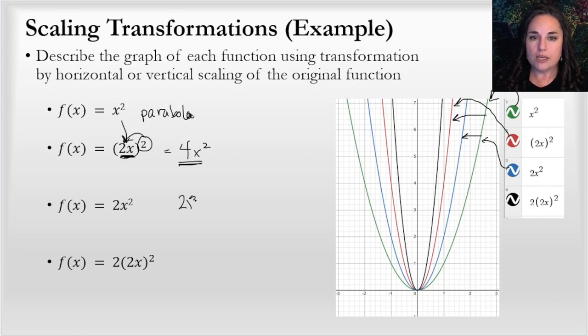So for me, I'm going to highlight right here. You may see where they have a times f of x, right? In one situation, I have a 4, which originally looked like a horizontal compression. But if I play out that algebra, it can look like a vertical stretch.